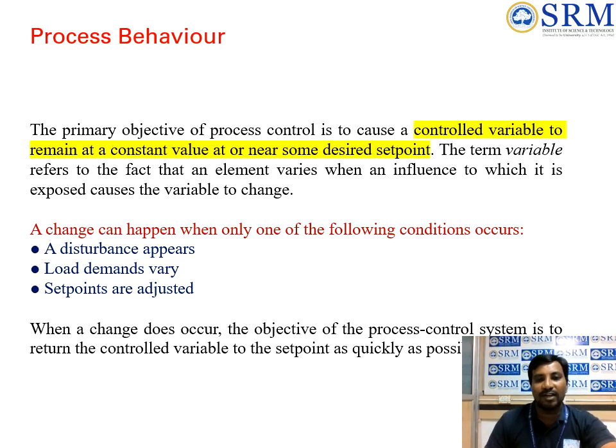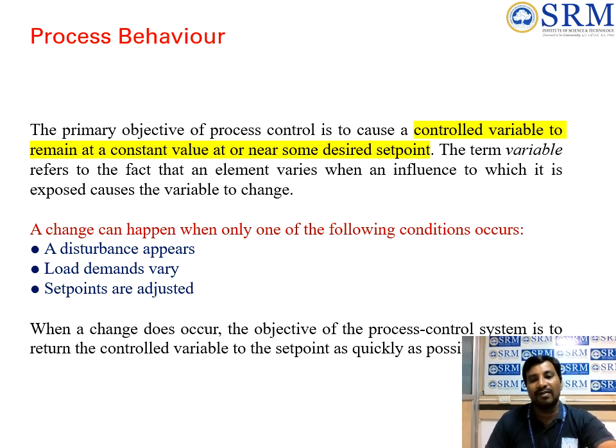The next very important topic in this module 2 is process behavior. The primary objective of process control is to cause a controlled variable to remain at a constant value or near some desired set point. The time variable refers to the fact that the variable changes when an influence to which it is exposed occurs.